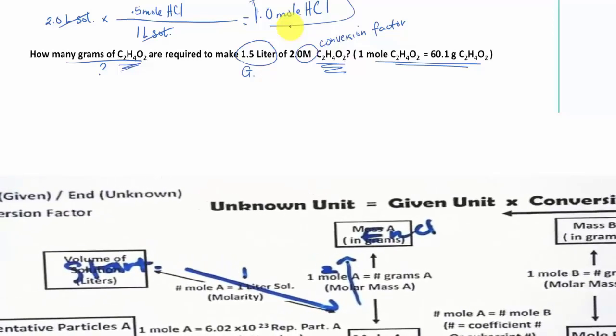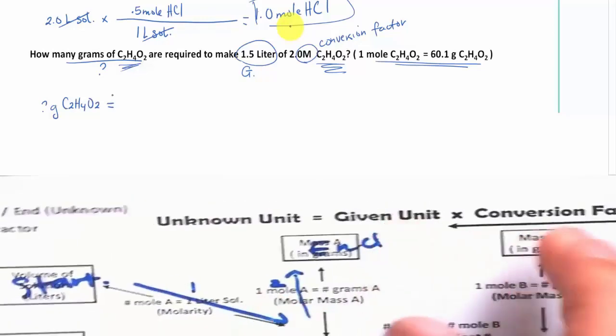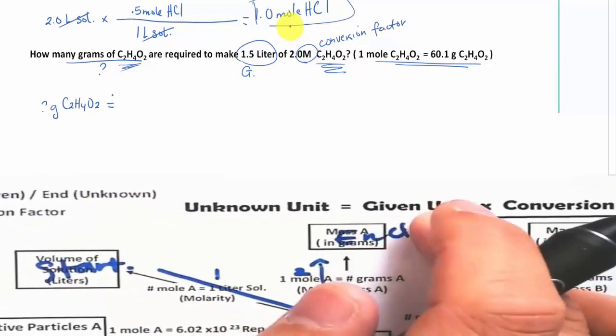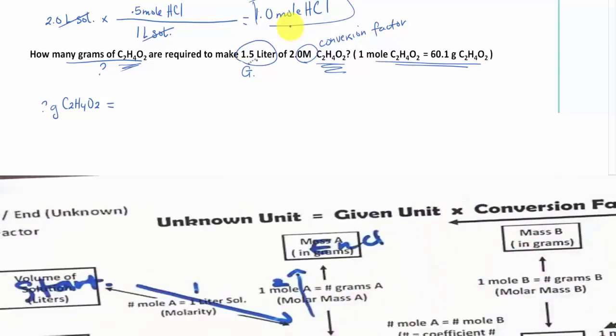So let me write this problem out. Of course, always the same format as up here. So we are going to look for question mark grams of C2H4O2. And that is equal to what? Your given times the conversion factor, and your given is in this case 1.5. So we have 1.5 liter of solution. When it comes to molarity, it's always about liter of solution.